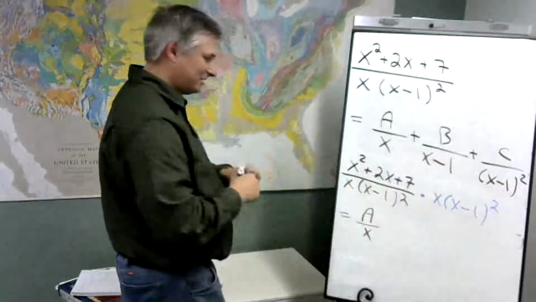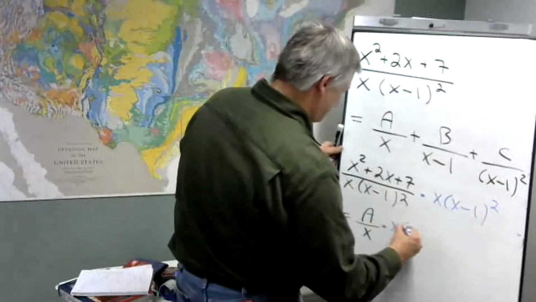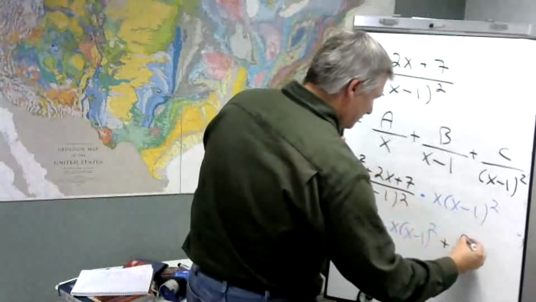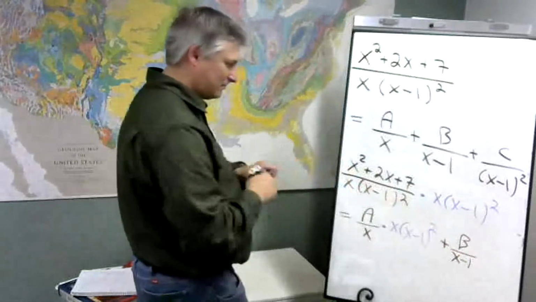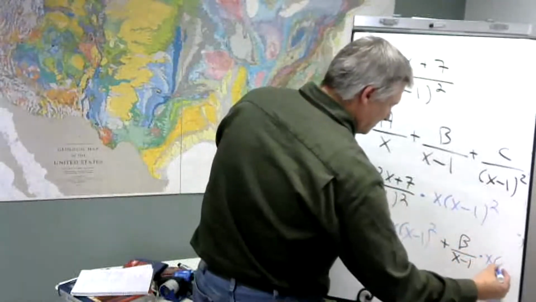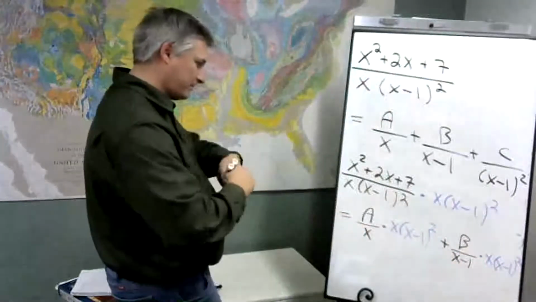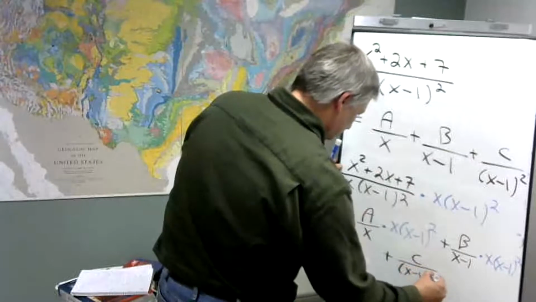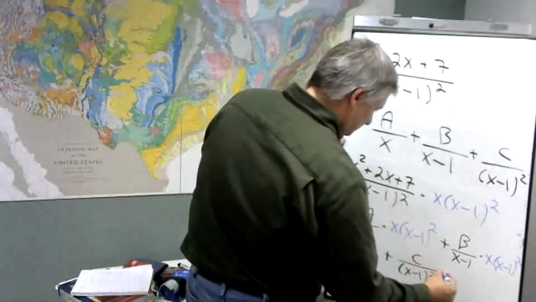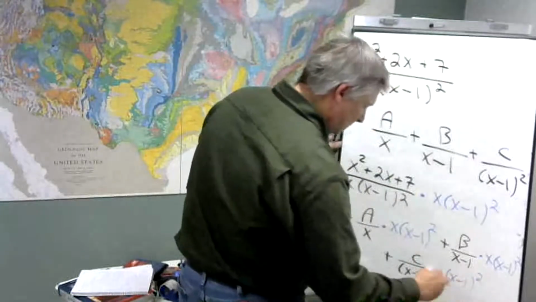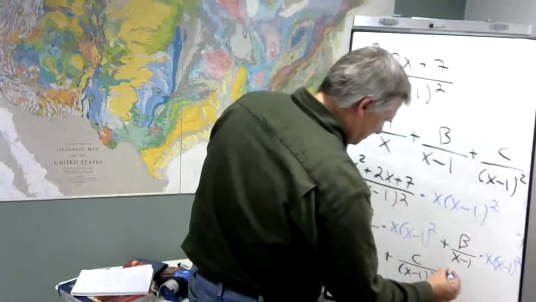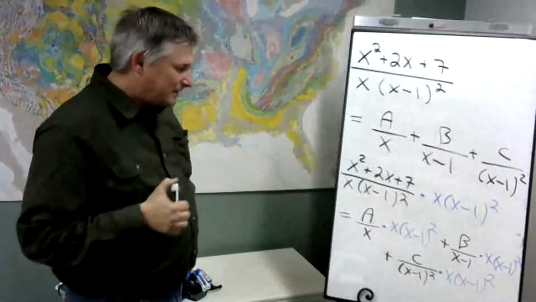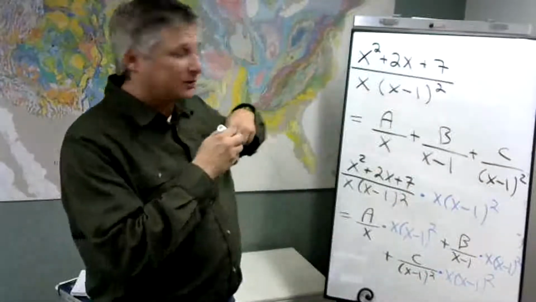A over x times, oh, put the x in there. So again, we multiply through by this denominator, and we're going to look for cancellations.